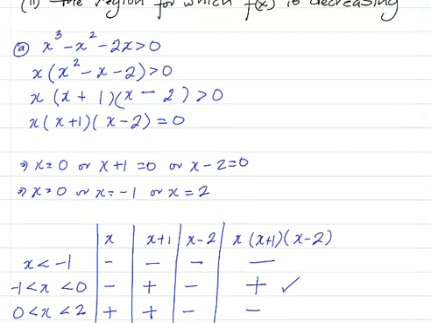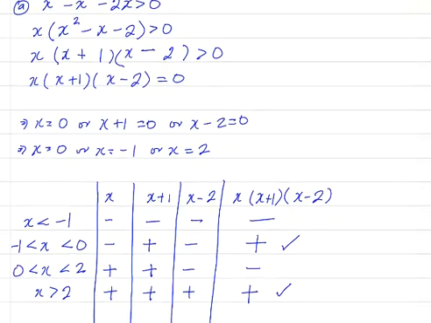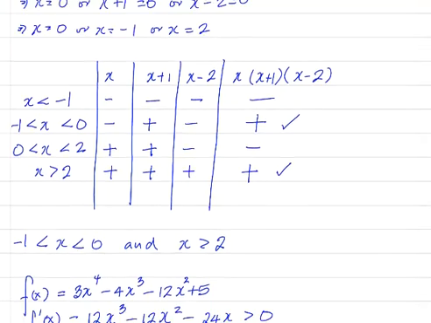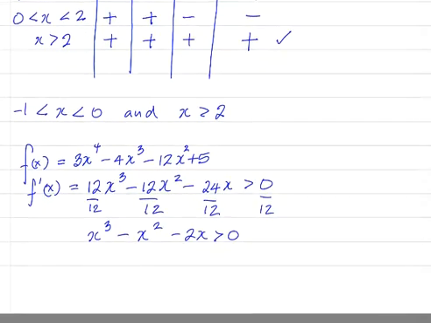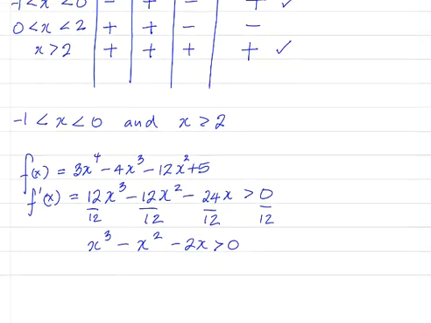Yeah, it fits part A, and we already have the solution for this: minus 1 is less than x but less than 0, and x is greater than 2. So those are the values of x for which f of x is increasing.